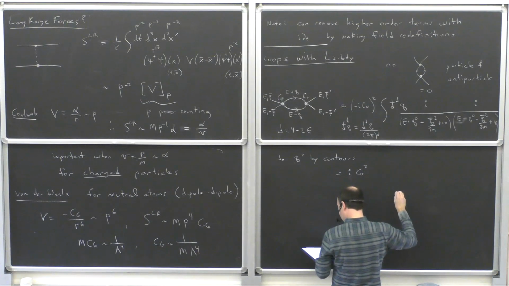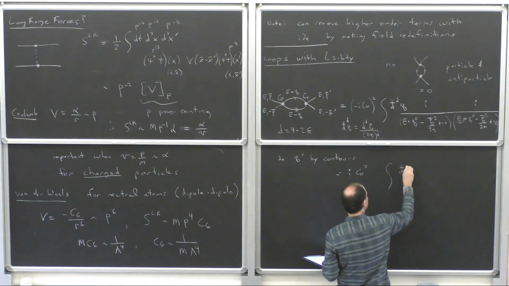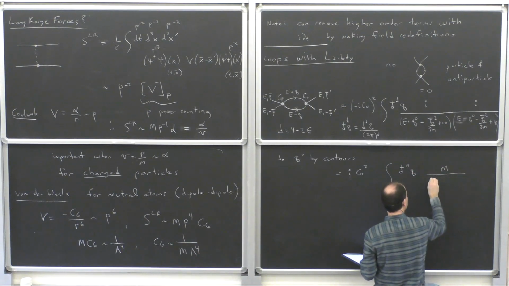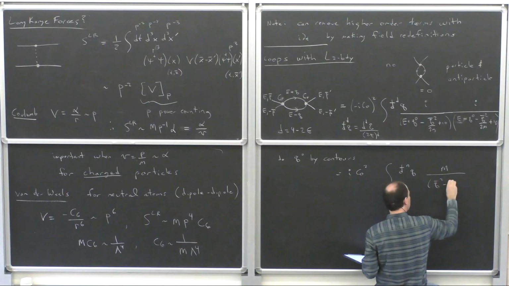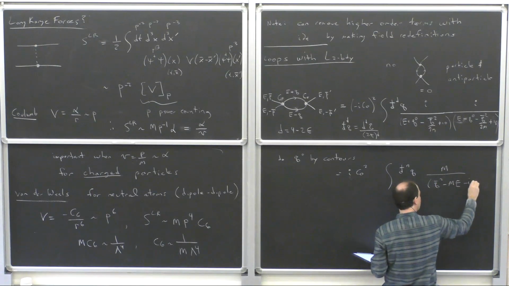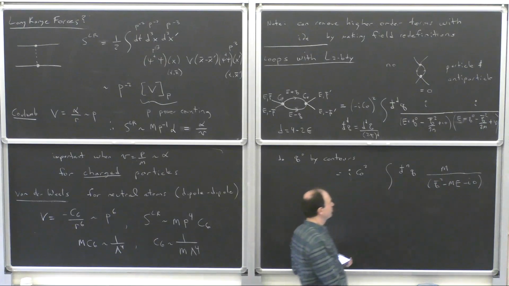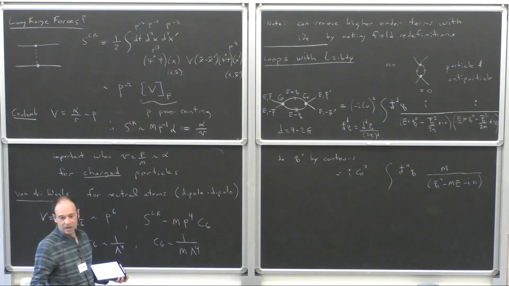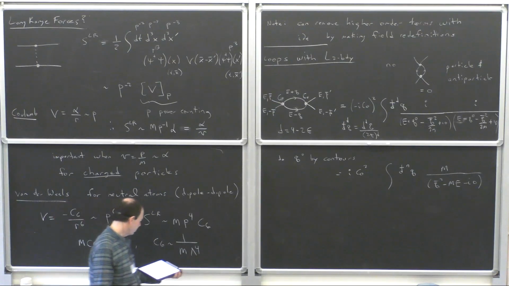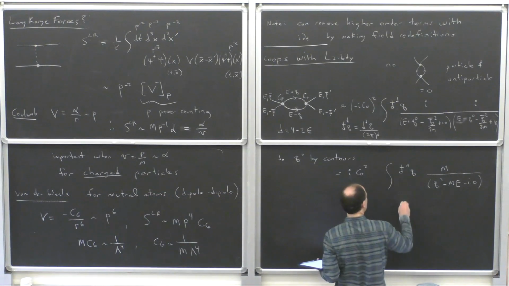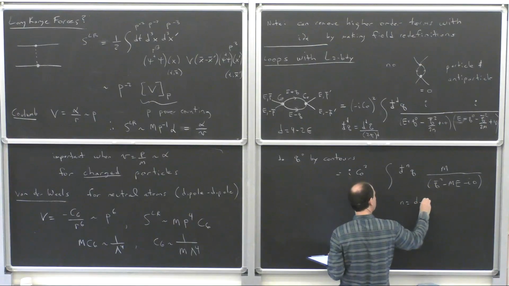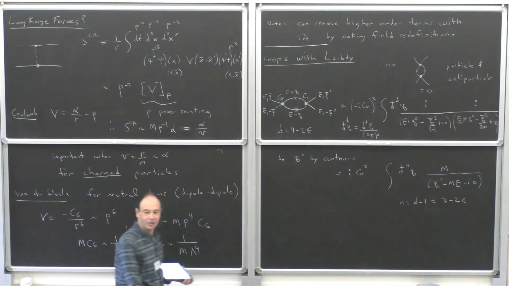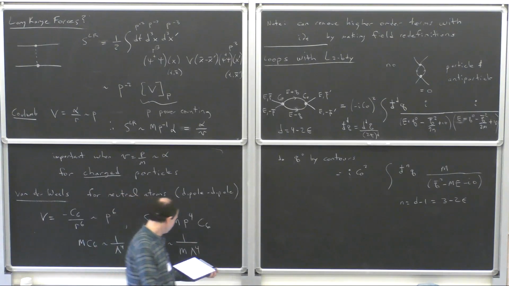And I can write the answer as now just a spatial integral. And it's convenient to rearrange it into something that looks like a familiar integral. So I can multiply by m on the top and bottom, and then I just have a q squared minus mE minus i0, which looks like a standard relativistic integral that we know how to do, where now the n here is d minus 1, so it's 3 minus 2 epsilon. So I just look up that integral, in the back of some quantum field theory textbook.